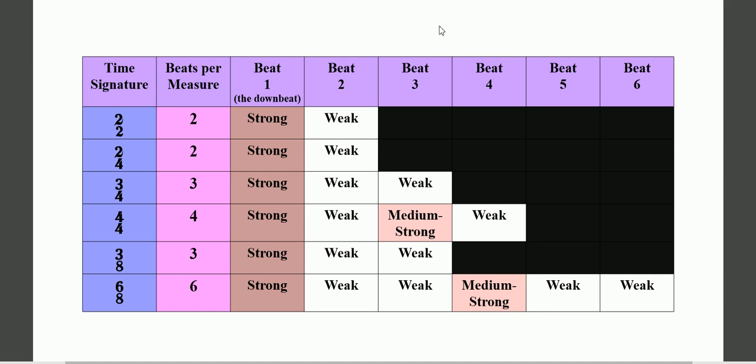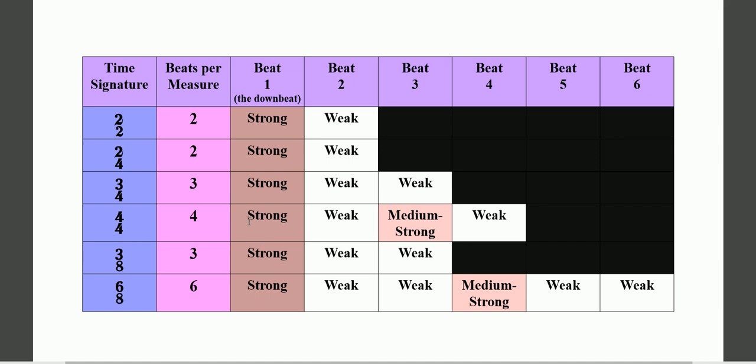Looking at our chart, we notice that regardless of the time signatures shown here, 2/2 time, 2/4 time, 3/4, 4/4, 3/8, or 6/8 time, the first beat is always the strongest, and the second beat is always the weakest, and that does not change. The first beat is actually called the downbeat, because you're coming down from there.